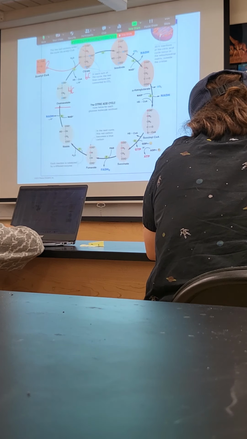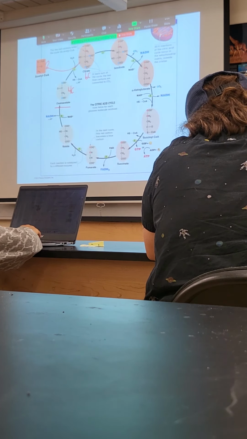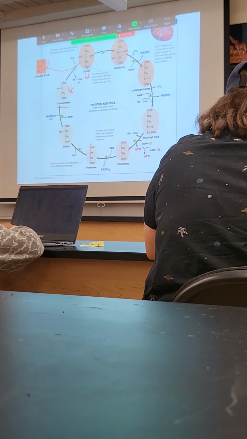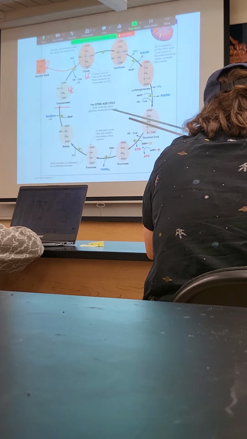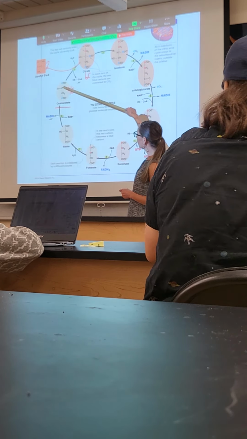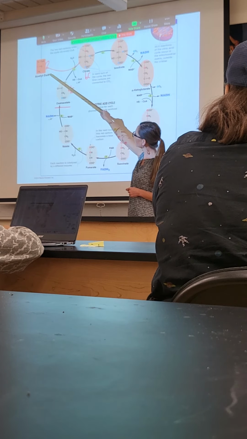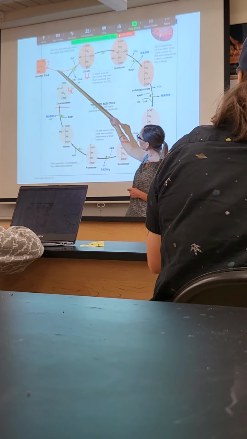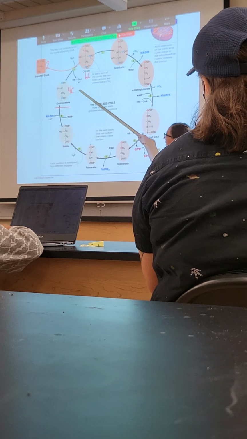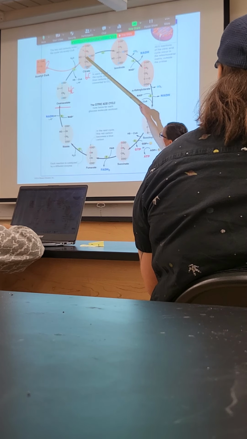Okay, so this is what the cycle looks like. Again, lucky for you, you don't have to know all of these intermediates. You can kind of see what's happening in the beginning. Here's oxaloacetate, 4 carbons, combined with acetyl-CoA. That gets rid of the CoA, which is going to recycle it. And that produces citrate.